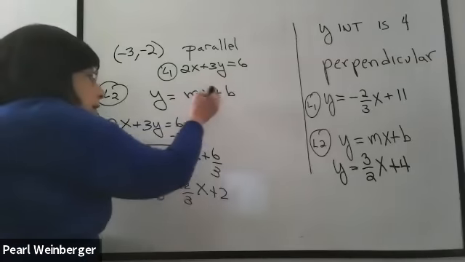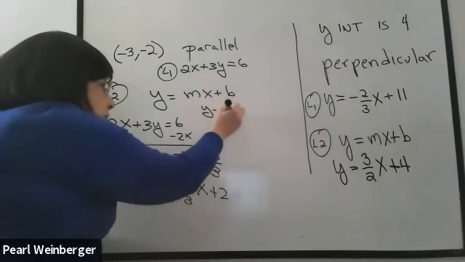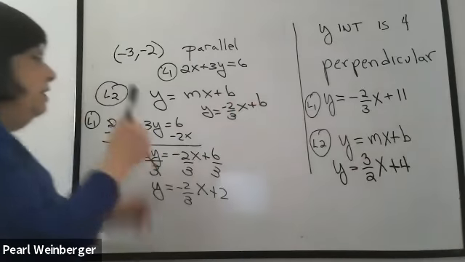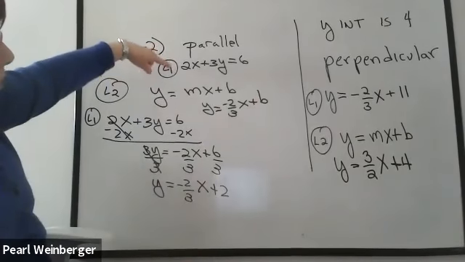Line 2 then is y equals negative 2/3 x plus b. It has a different b. The b of the original line, the one that it's parallel to, is 2.